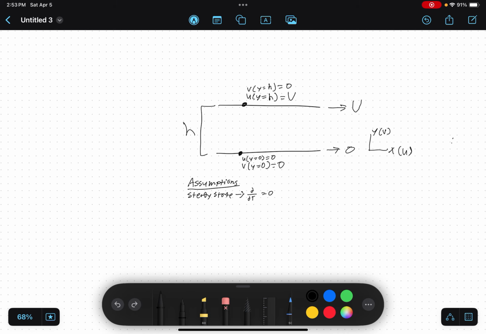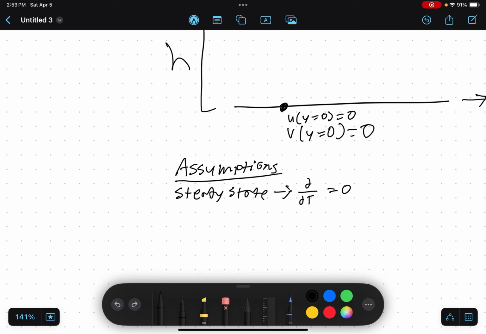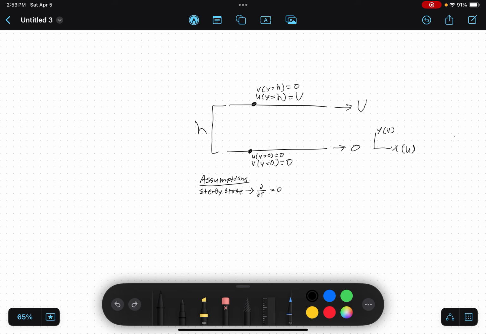So it's all steady. Next, we'll assume that it's fully developed in X. That assumption basically means that this channel is infinitely long, and that right over here is the same as right over here, and the same as right over here. The velocity profile doesn't change between those 3 points. That's a very common assumption with this sort of stuff, so we're going to assume that.